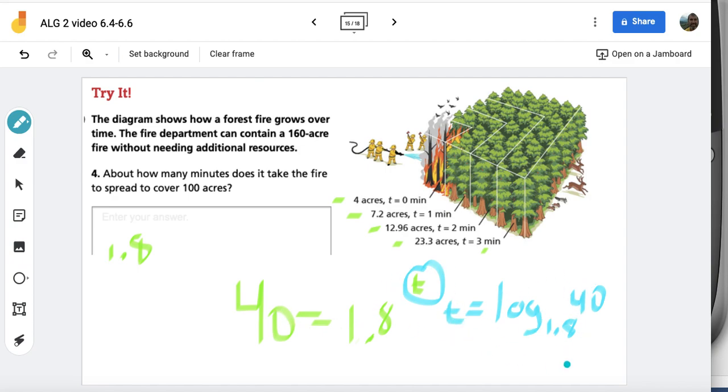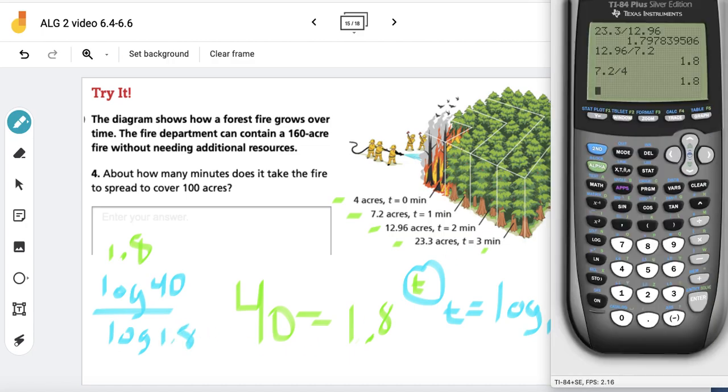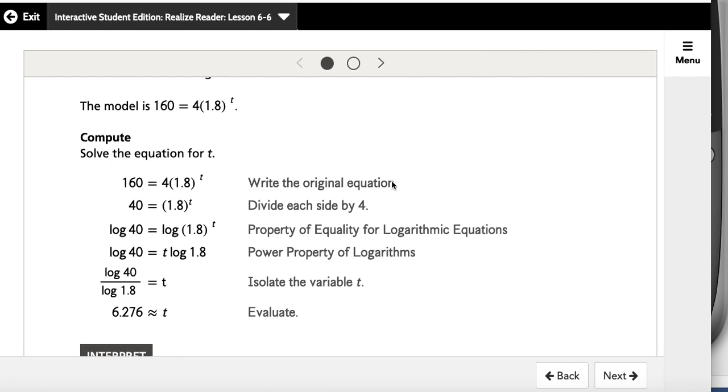And then to solve this, like we've done before, I would do log of 40 divided by log of 1.8. Let's see if I get what they got. Calculator: log of 40 divided by the log of 1.8. I'm getting 6.27, and that's what they got, 6.276.